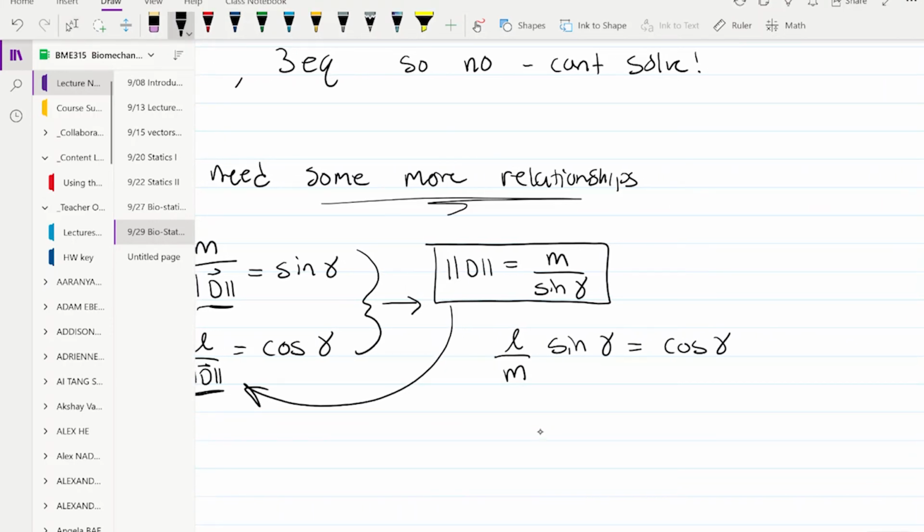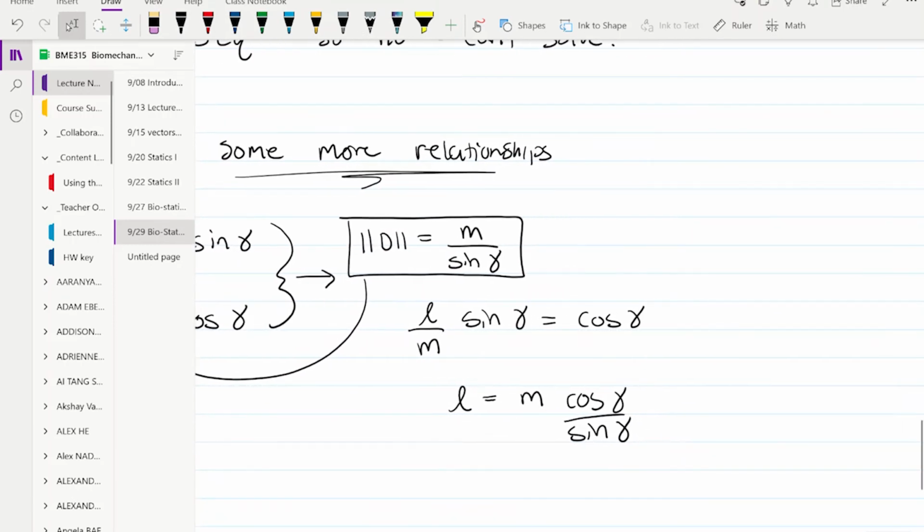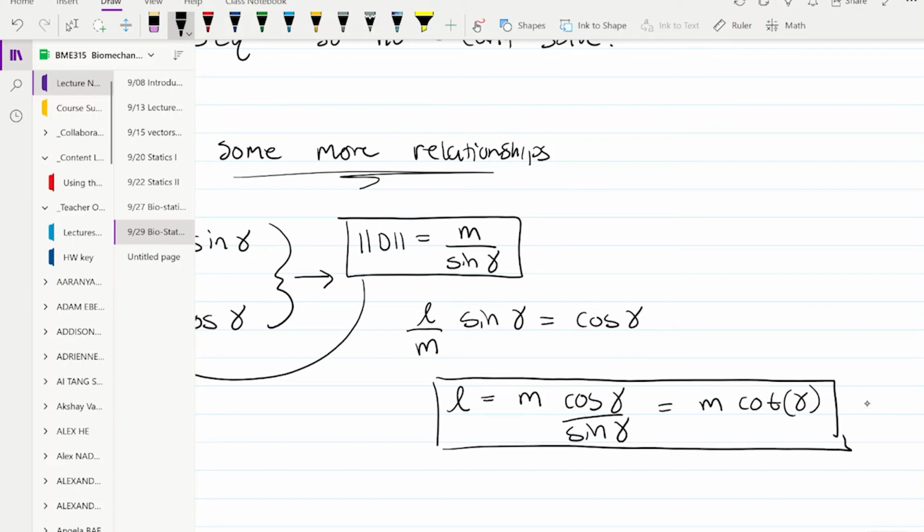Now let's say we solve for one of these, like L. So L is equal to M cos gamma over sine gamma. So this whole deal is then M cotan gamma. And we'll make this whole thing equation 4.